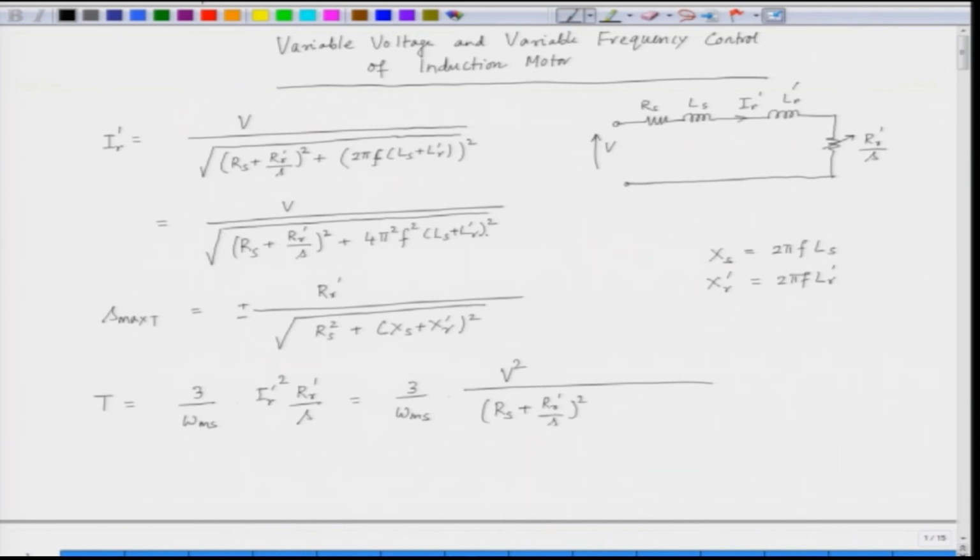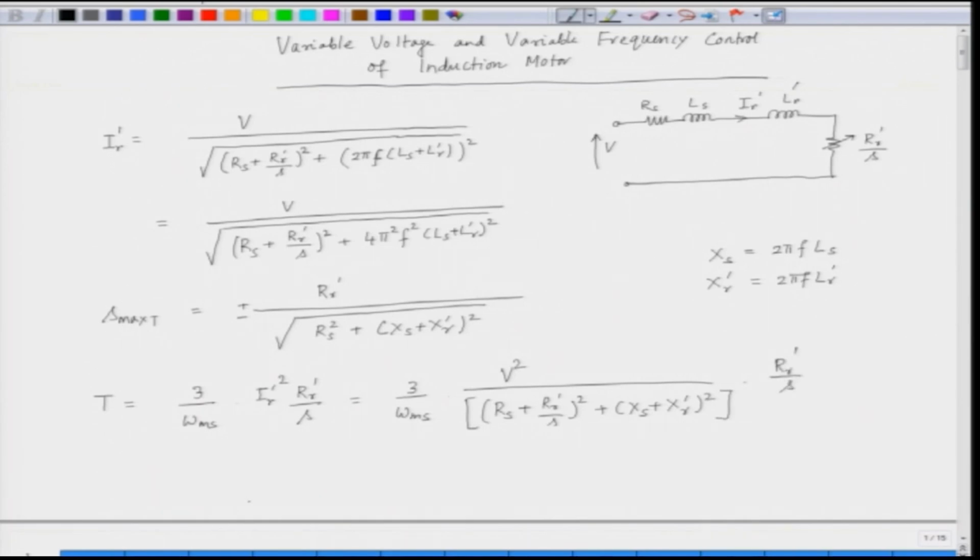I am now writing in terms of the reactances, plus X s plus X r prime whole square, into R r prime by S.